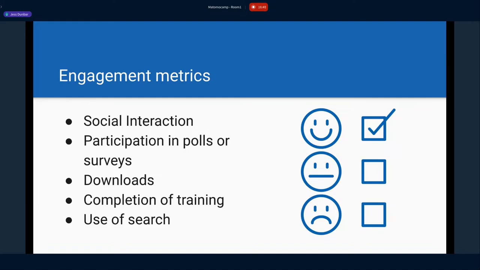Downloads, the number of downloads of resources like PDFs, guidelines, or forms, can actively tell you how users are using those resources. And then completion of training courses. Matomo tracks videos right out of the box. You don't even have to set that up. Same with download tracking. And then forum participation, also the use of search.